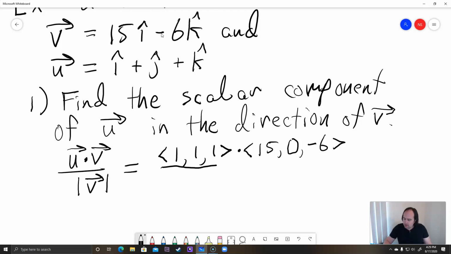And then this is all over vector v, but we're taking the magnitude of v, or the length of v. So that's going to be the square root of 15 squared plus negative 6 squared.